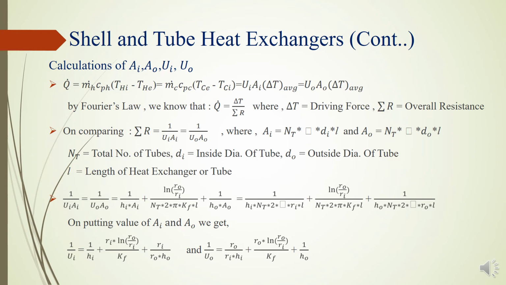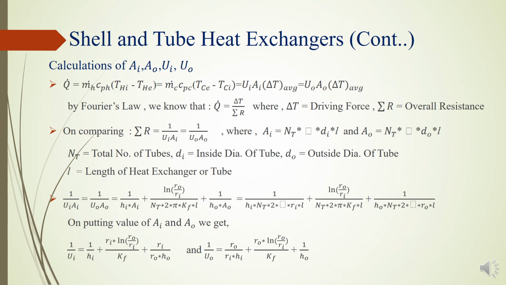So at steady state, we get the overall resistance, that is 1 by Ui Ai, equal to 1 by U naught A naught, equal to the resistance offered by the dirt factor inside the tube plus the resistance offered by the fluid plus the resistance offered by the dirt outside the tube.